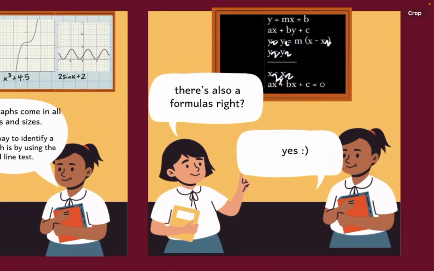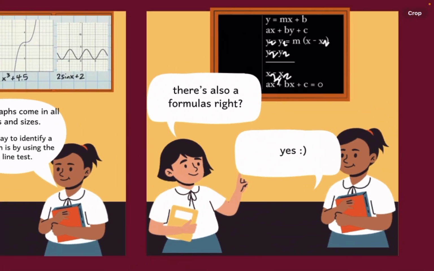That's all. And then lastly, for panel 6, Leia says, there are also formulas, right? Then Connie says, yes. Functions often have formulas to define how x and y are related.